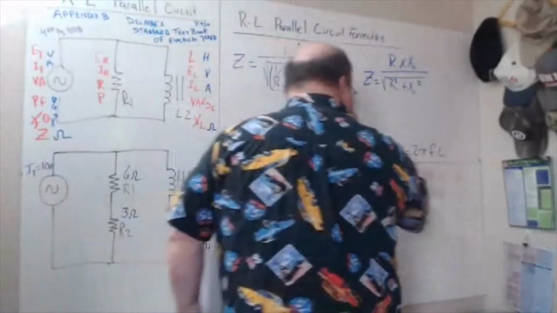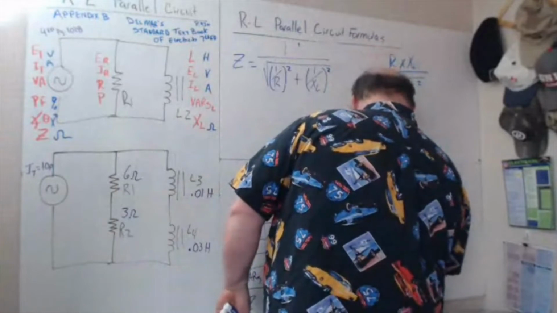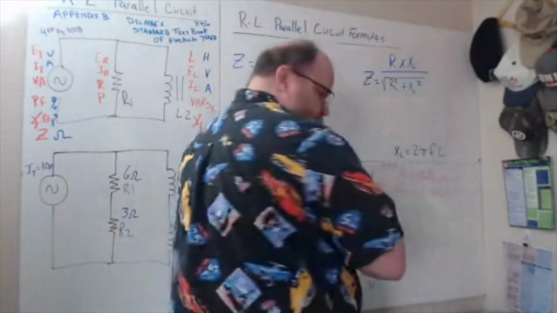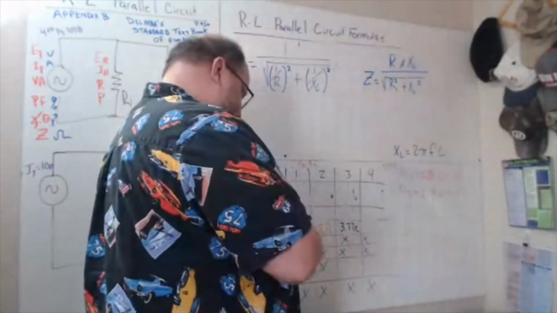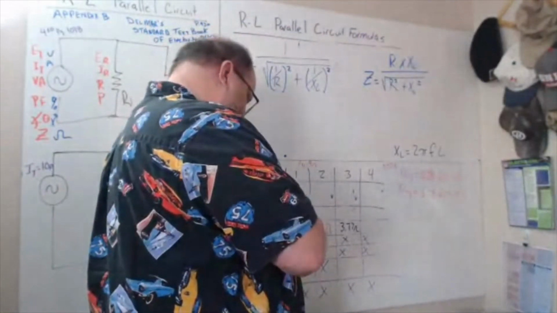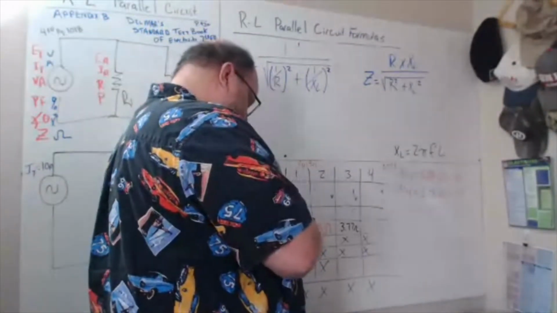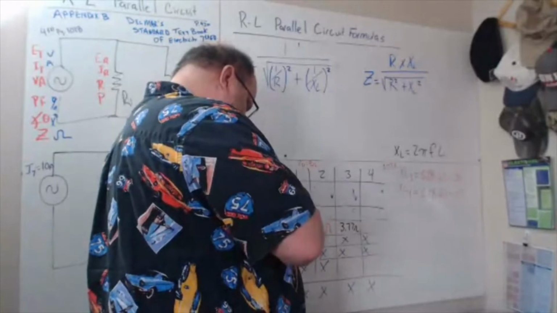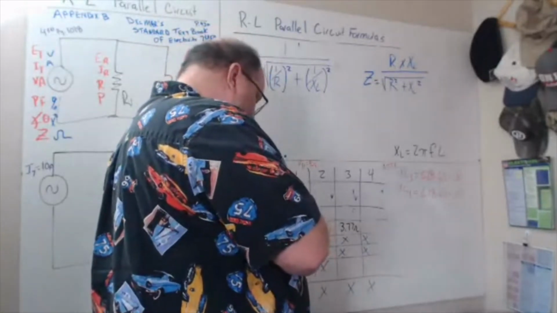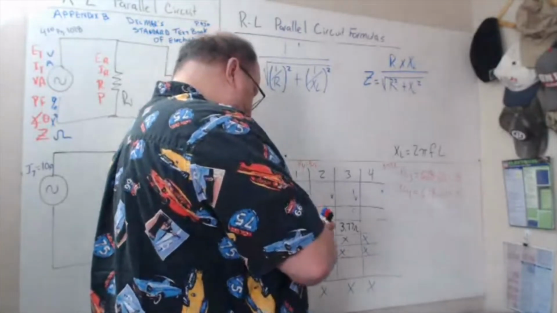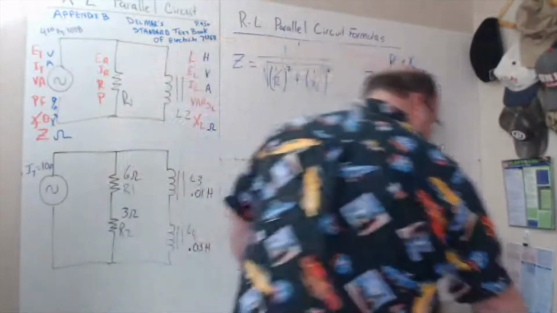So calculating XL3, it's 3.77 ohms. And for XL4, it comes out to be 11.3 ohms.